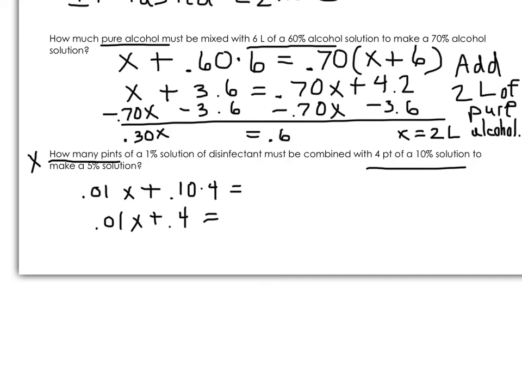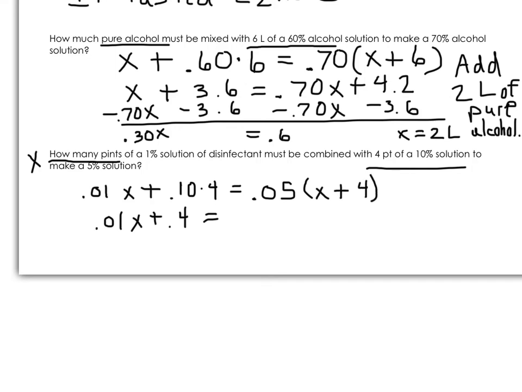Now, we added the first solution with the second solution, and we calculated how much pure disinfectant there was in each part of the solution. So now our resulting solution will be 5%, 0.05. How much liquid will there be once we mix X pints with 4 pints of liquid?